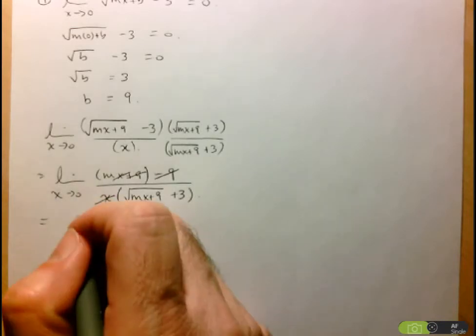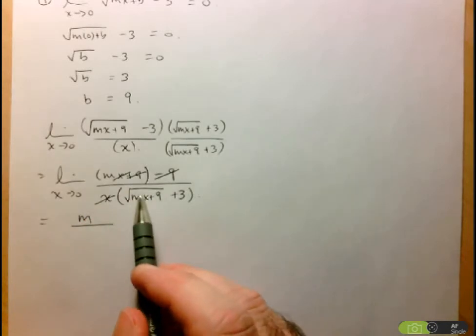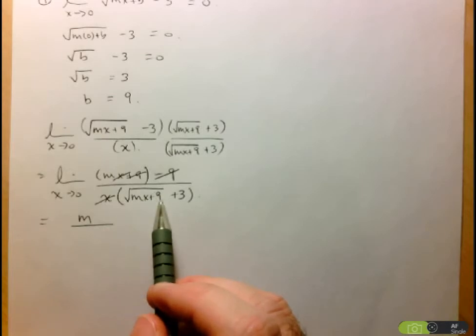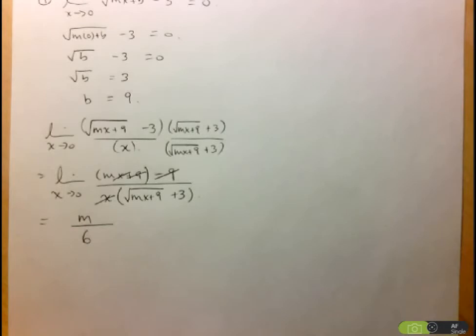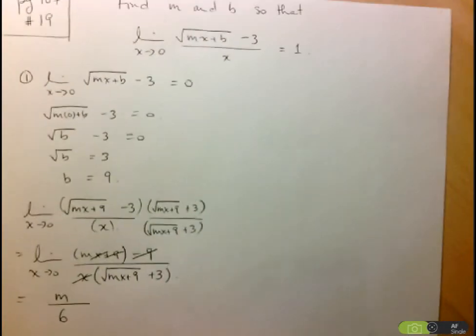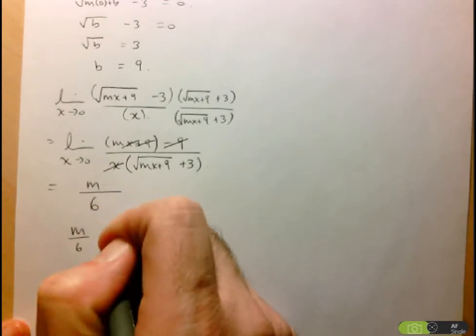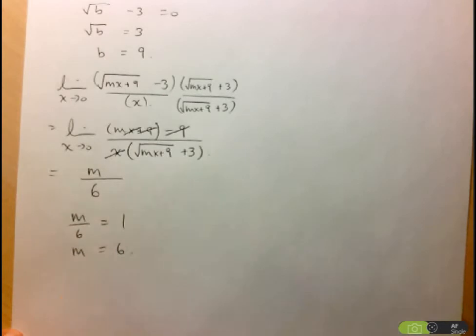So in the numerator I'm left with m, and in the denominator, as x approaches 0, mx approaches 0, so I'm left with root 9, which is 3, plus 3 is 6. So I'm left with m over 6. But remember, we were given the value of this limit. We know that m over 6 has to be equal to 1. And so m is equal to 6.